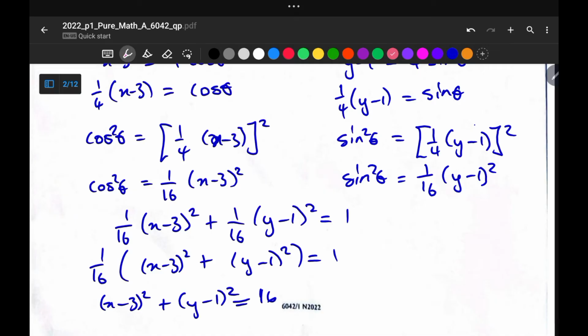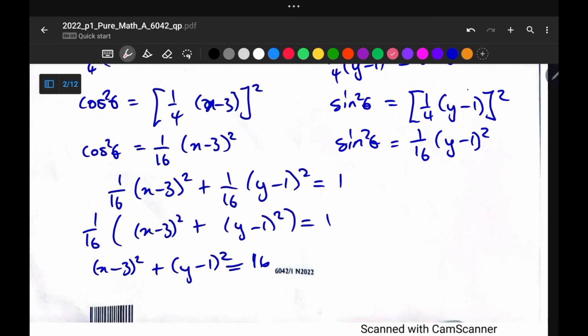And we know that the general equation of a circle says that (x minus a) squared plus (y minus b) squared is equal to r squared, where (a, b) is our center and r squared is the radius squared. So we can simply deduce our center from this equation, (x minus 3) squared plus (y minus 1) squared equal to 16.